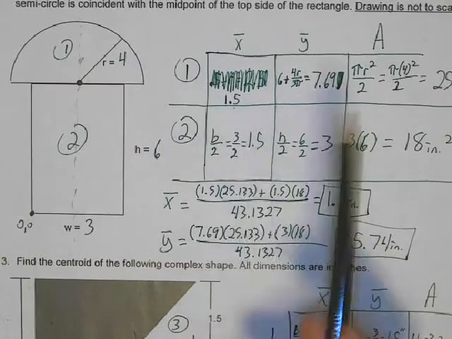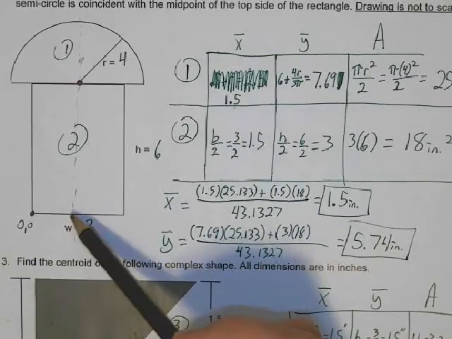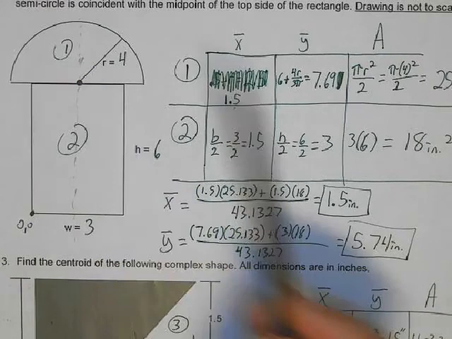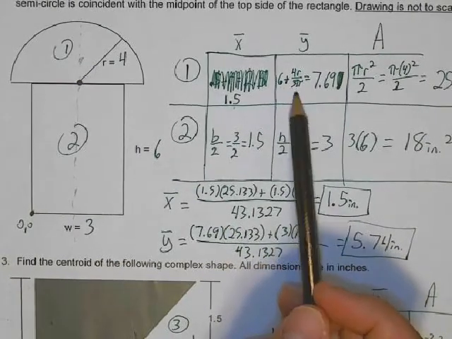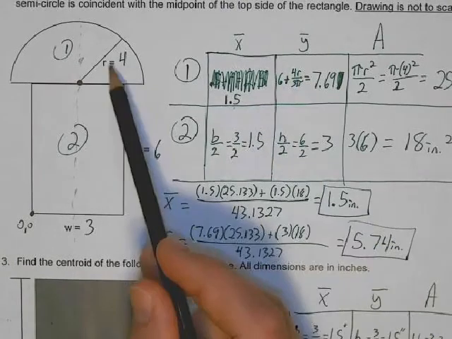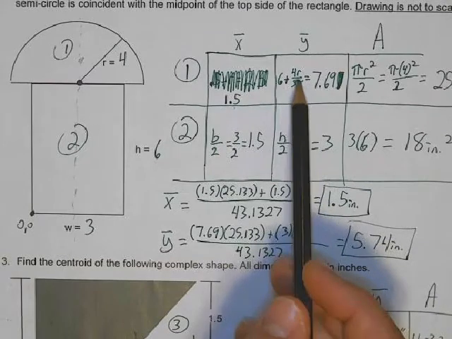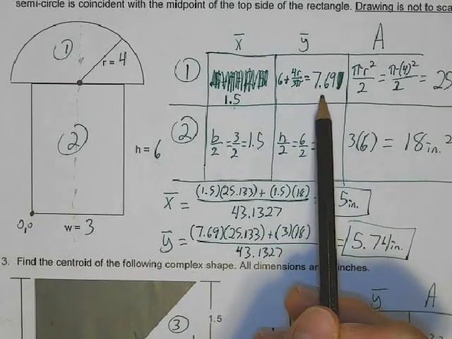And the equation for that is 4r divided by 3 pi. So if I'm going up 6, and then I go up a little bit more, I'm going to go 6 plus my 4r divided by 3 pi. So 4 times 4 is 16 divided by 3 times pi. And I add that to 6, so I get my y centroid located at 7.69.